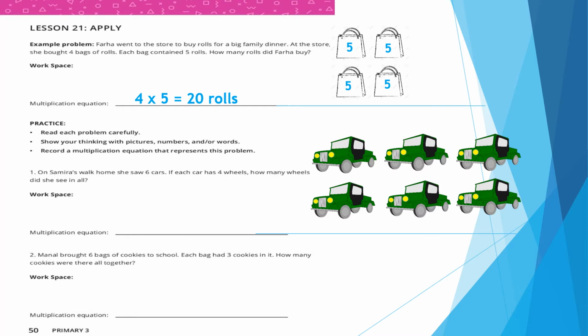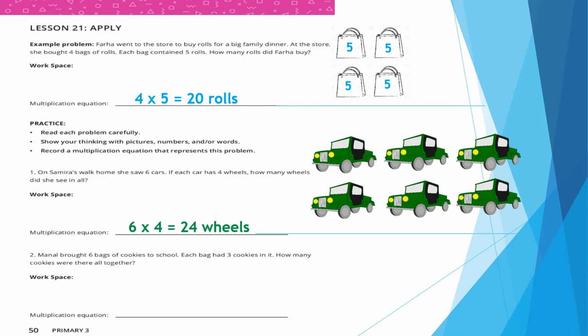So 4 wheels, repeated 6 times. So 6 times 4 equals 24. 24 what? He is asking me how many wheels. So it's 24 wheels.